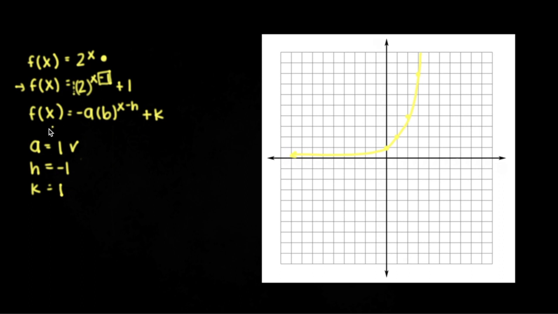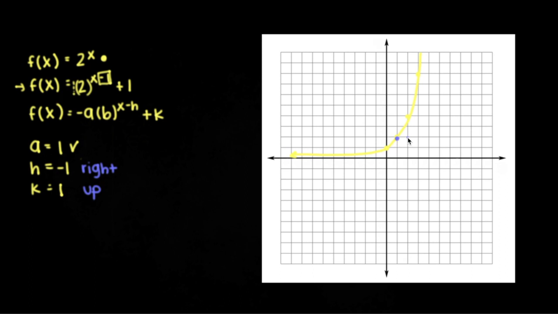Now, to graph our given function, we have to move the graph 1 point to the right and 1 unit up. So every point we get, we move 1 point to the right and 1 point up.